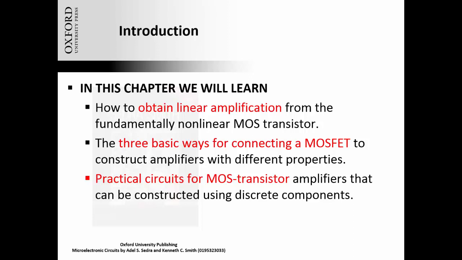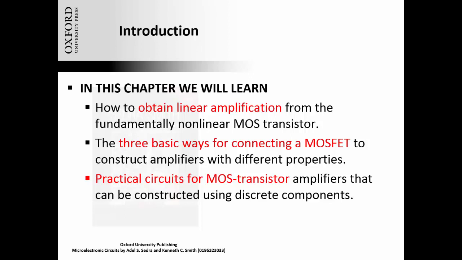And then we'll look at 3 standard topologies for how to wire up a transistor, be it a MOSFET in this chapter, and then in the next it'll be bipolar junction transistors, in such a way that we can achieve amplification with different properties. And these 3 different topologies of how we wire up a transistor lead to different characteristics that each are useful in certain contexts.